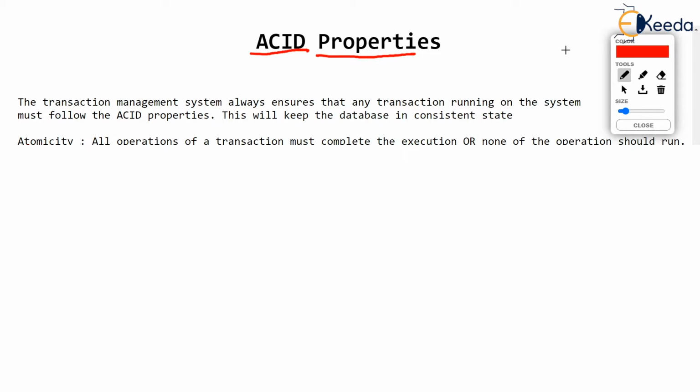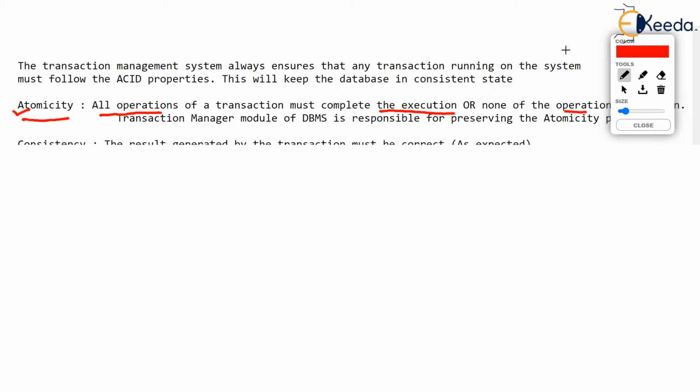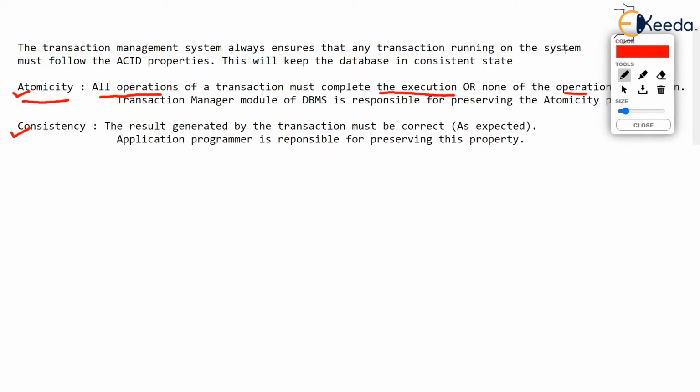What do I mean by this? Let's take a very small example. Let's say T1 is a transaction, and I'm writing in short here.